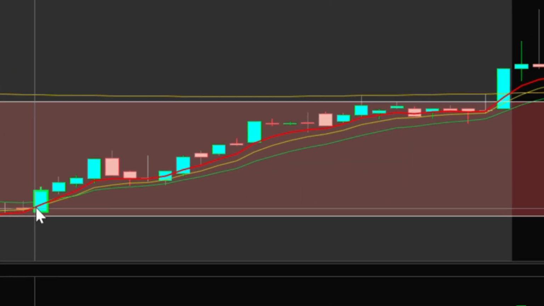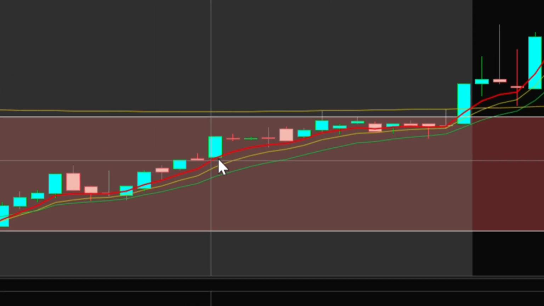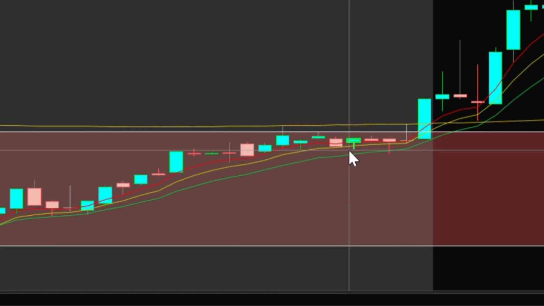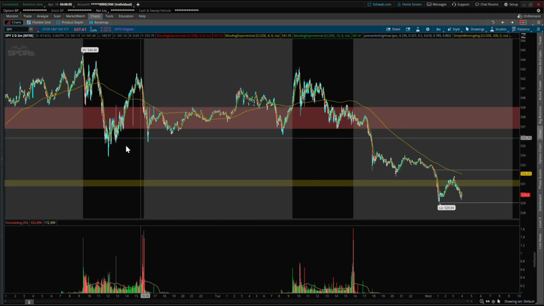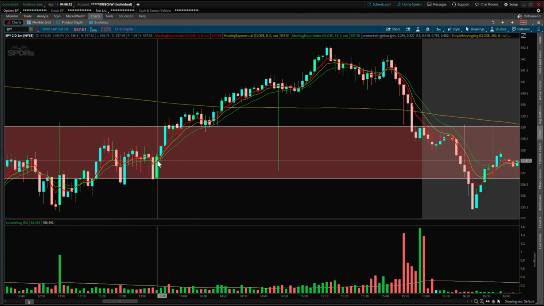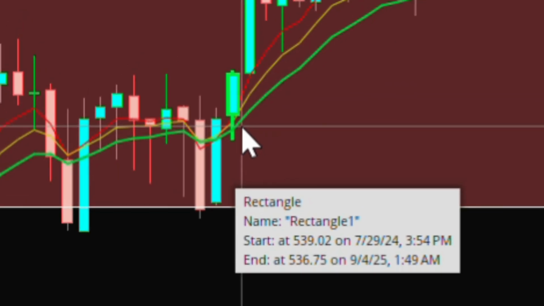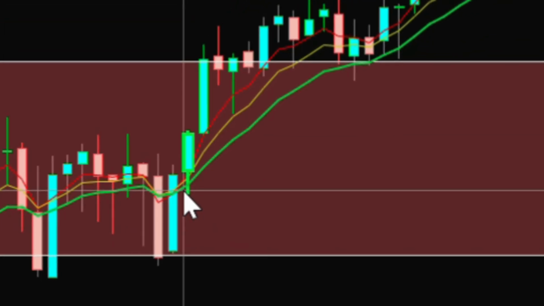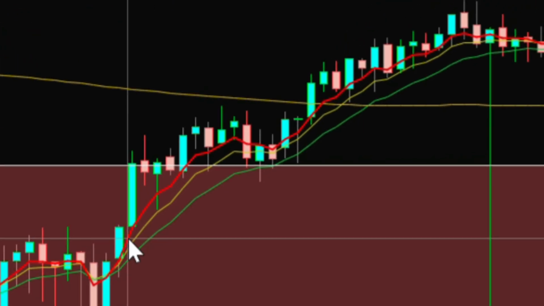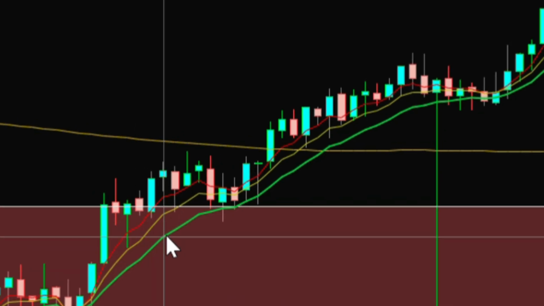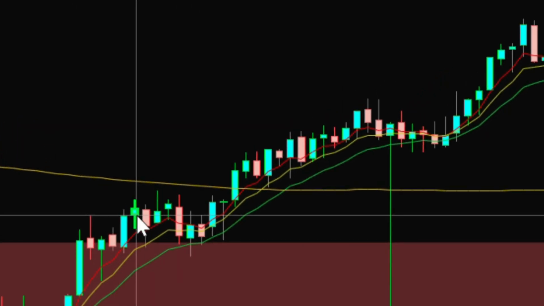You see how it continues to hold these EMAs? It signifies that it's in an uptrend. You can take a look here. Same thing. Once we have this crossover, it signifies we're in an uptrend. You see the 13 EMA holds as a buffer, as it is below the 5 and the 8 EMA. Which means it's in the uptrend, as price action continues to ride the momentum to the upside.